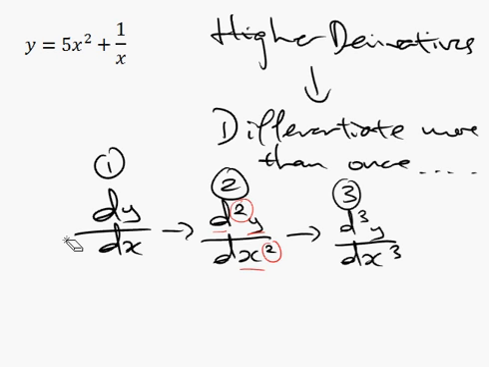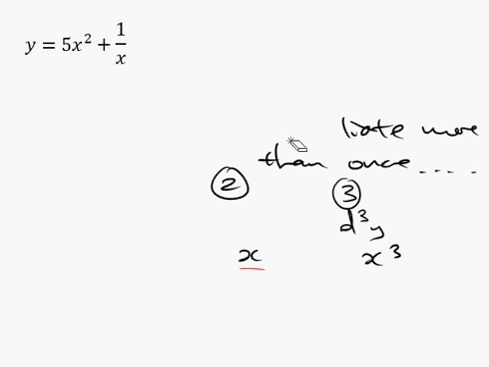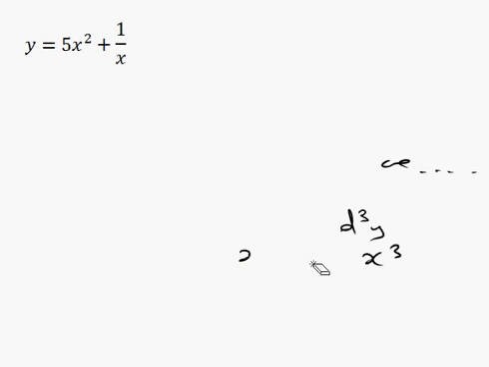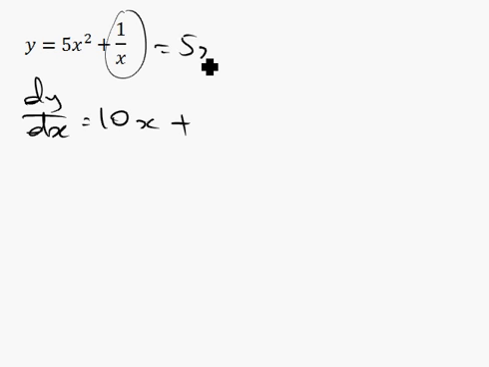So let's do the actual working. Imagine now this is our question, the equation is given there. y equals 5x squared plus 1 over x, and I want to differentiate more than once. First, differentiate one time. dy dx. What we get is, bring the 2 down, 10x, and then plus, now what is this? Let's express it differently. 1 over x is actually x to the power minus 1.